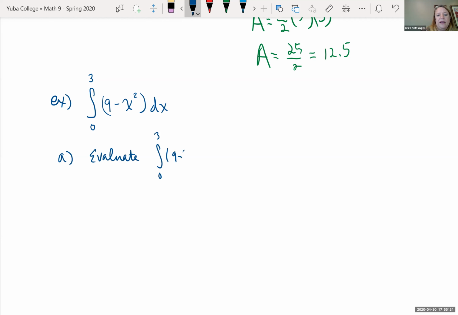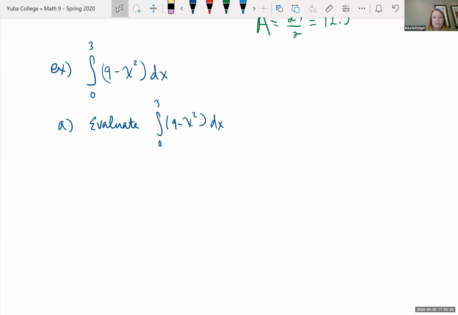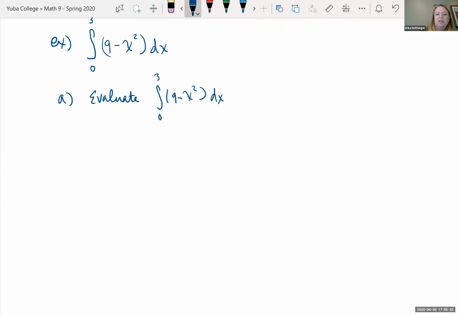Okay, so doing that, we can break it up where we can take the antiderivative of 9. The antiderivative of 9 is 9x minus the antiderivative of x squared. So remember, we add 1 to our exponent, so it's now going to become an x cubed, divided by our new power, which is 3.